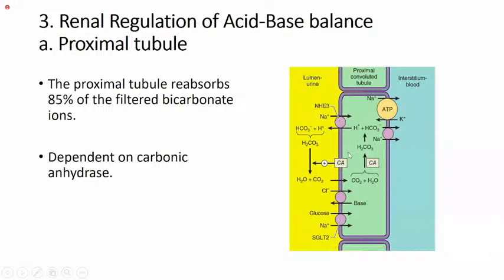So that then forms carbonic acid, which again under carbonic anhydrase splits to a hydrogen ion and a bicarbonate. Okay, so it's a very clever way of getting this bicarbonate back into the cell, and then now it's reabsorbed back into the bloodstream. So that is how the kidneys are able to reabsorb bicarbonate to help with buffering of any excessive acid.